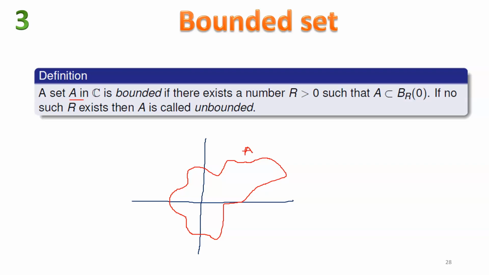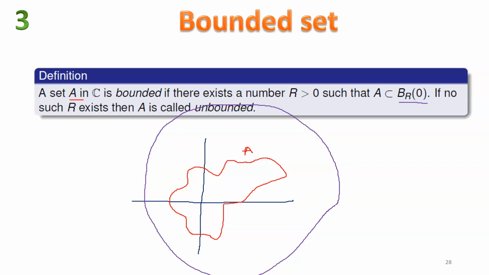Here we can consider a circle of radius r around the origin such that this entity is completely bounded inside the circle. At the same time, we consider some region.